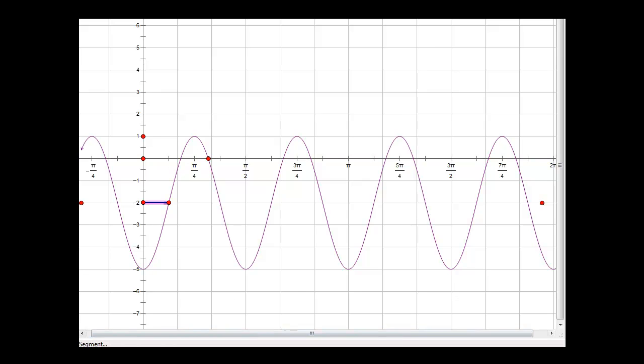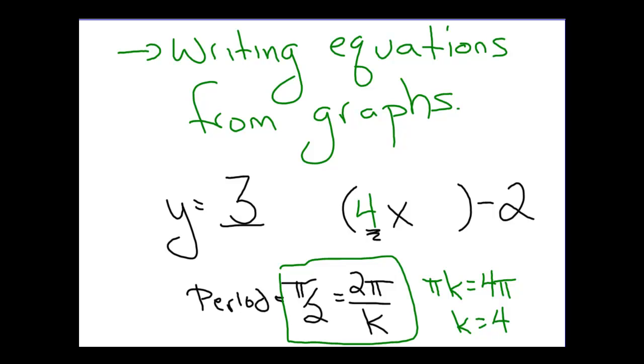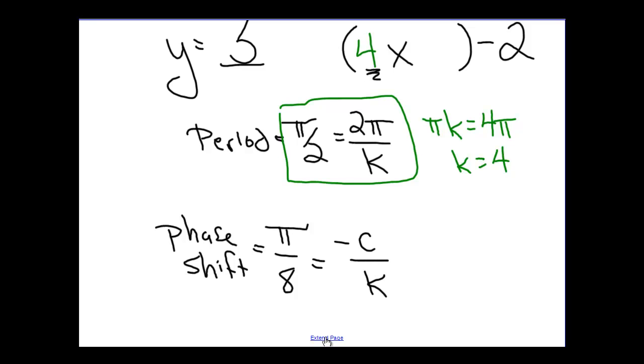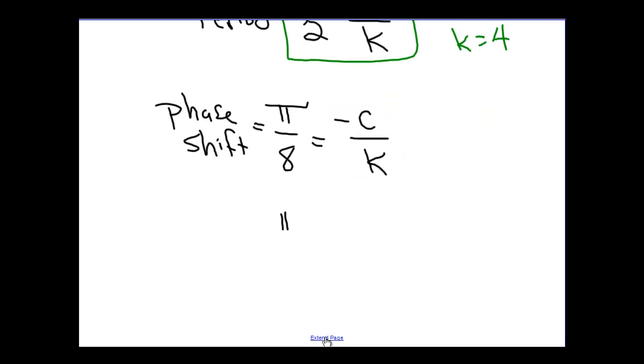So we can use that information then to give us our c value. Recall that our phase shift, in this particular case, we would like it to be pi over 8, should just be equal to minus c over k. So again, we're going to set up a ratio of the phase shift we want to our definition, and recall that k is 4, so this looks like pi over 8 is equal to minus c over 4.